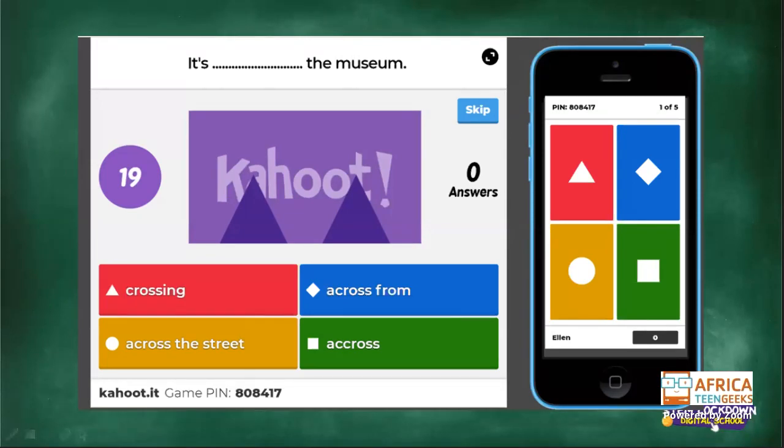Now remember, you are going to probably do this in a lot of your classes as well. You will do it in English also, I know. Okay, so this is good. Remember, I asked you guys if you have a second device. Now, this is what I mean with a second device. The picture that you see here is what you will be seeing on your screen on the computer.